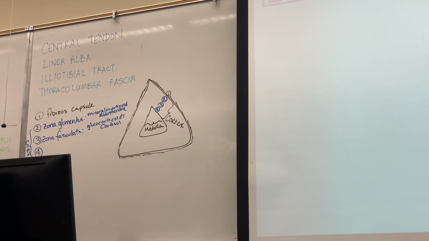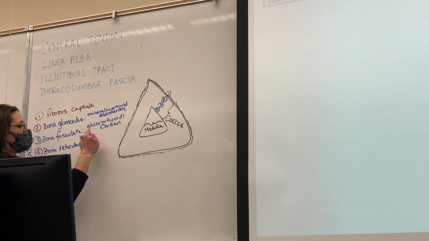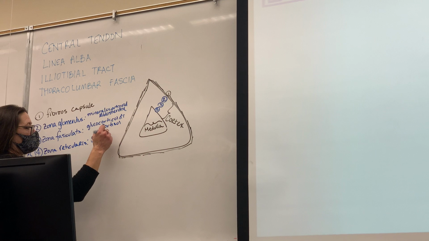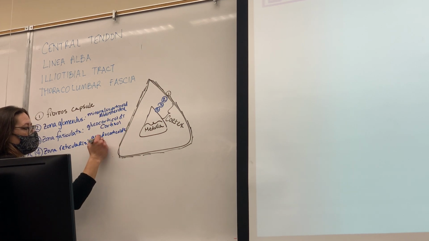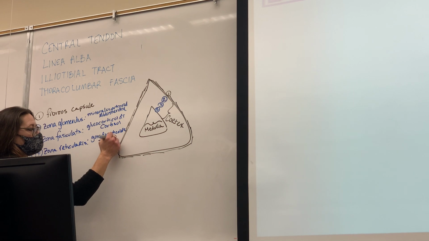Then the deepest layer of the cortex is called zona reticularis, and that makes your gonadocorticoids. And we're doing testosterone. And again, you might see it, I probably have it listed also as a type of androgen.